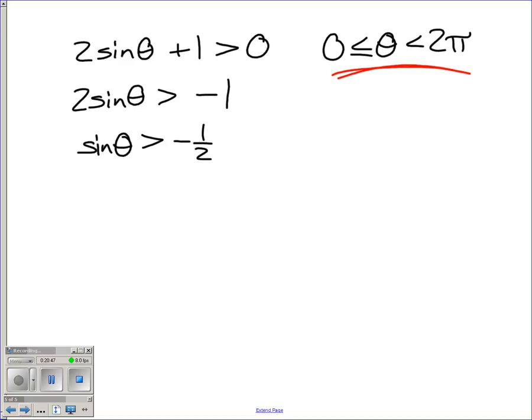Well, the next irreducible multiple of pi over 6: 2 pi over 6 reduces, 3 pi over 6 reduces, 4 pi over 6 reduces, 5 pi over 6. Let me put the equals here. 5 pi over 6 is where we actually hit negative 1/2.